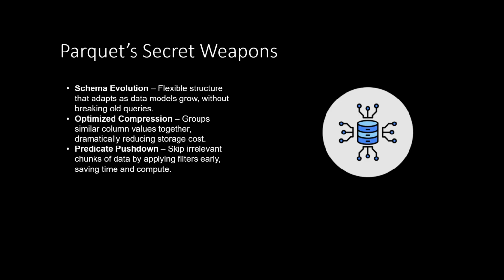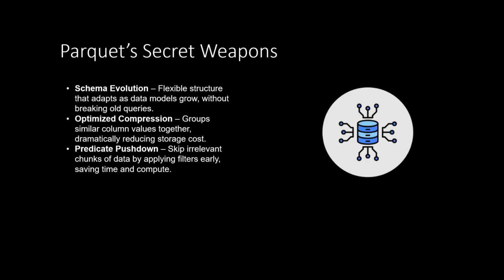But the salient feature of Parquet is schema evolution, because in this big data world, it is ever changing. Schema will evolve, and we don't want a file format which will break for older queries because the schema has changed. So, the biggest weapon or USP of Parquet is schema evolution. Optimized compression. Parquet is optimized for compression. It groups similar columns. As I said, it's a column based or columnar format, which means it will group columns together rather than storing each row together.